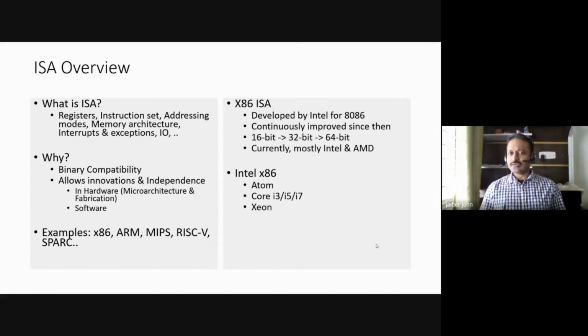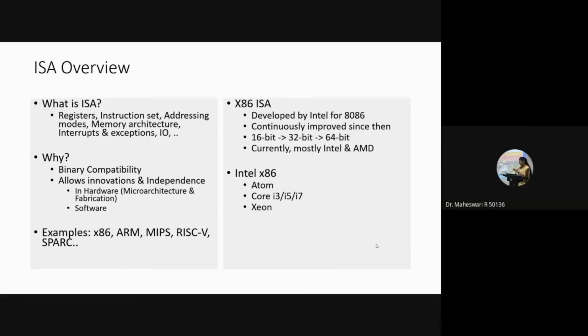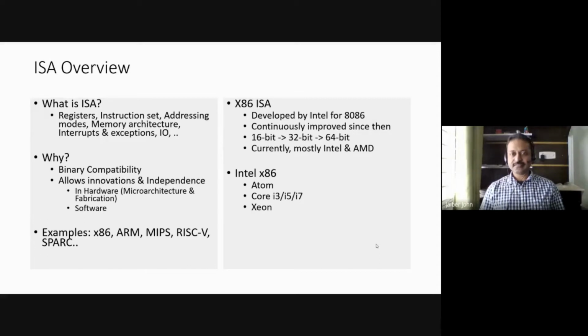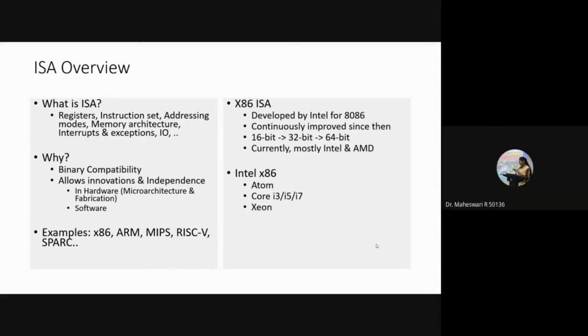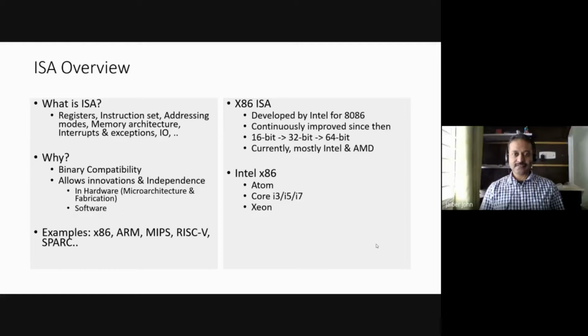This ISA has been continuously improved for the last 30 or more years, and I believe it will continue to evolve. Most desktops and servers are predominantly x86. Currently, Intel and AMD are the key developers of processors using this ISA.